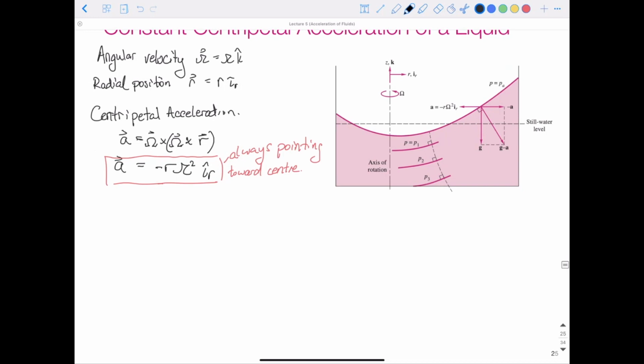So if we write our equation for our pressure gradient now, grad P was equal to rho times G minus A. This would be equal to rho times minus G in the k direction would be our gravity, and then our other acceleration would be minus minus r omega squared, so plus r omega squared IR.